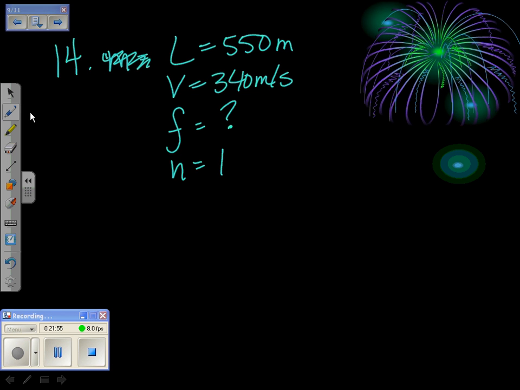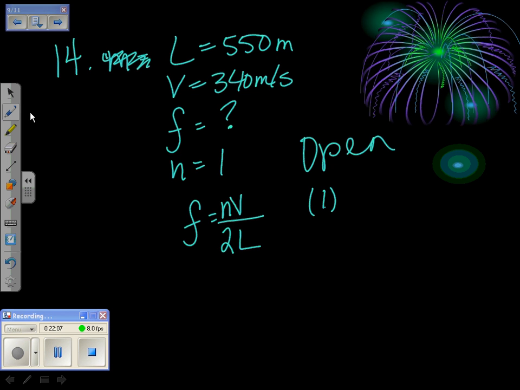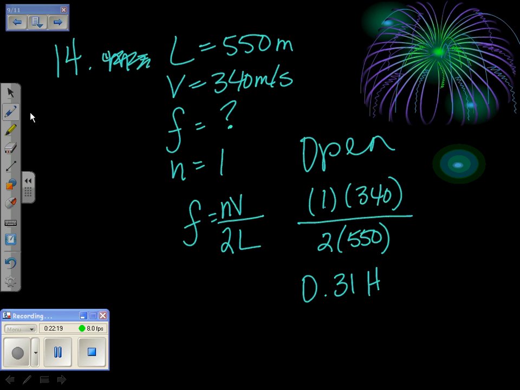If we know all this information, we should be able to use the formula f equals nv over 2L. Since it's a tunnel, it's open, and since it's open at both ends, we use 2L. So 1 times 340 divided by 2 times 550 should give me a lovely answer of 0.31 hertz.